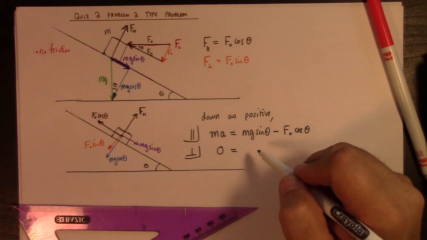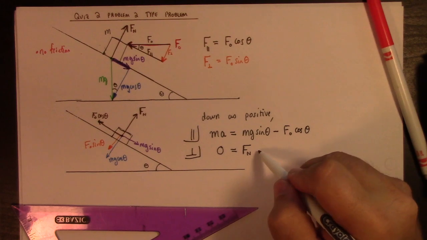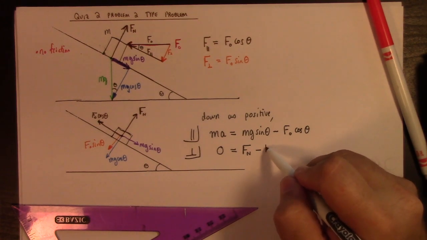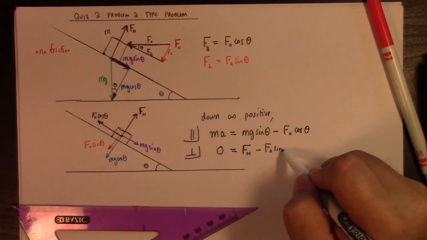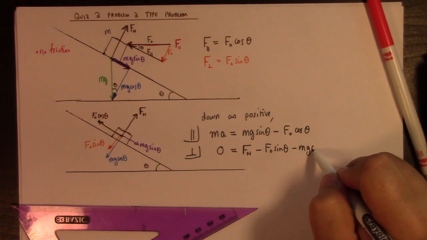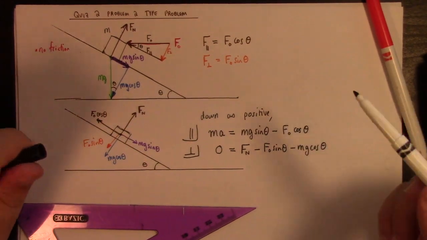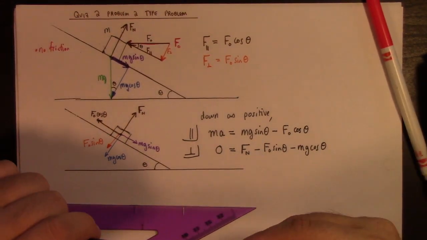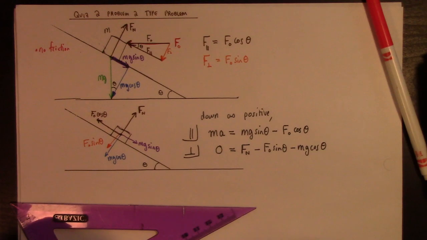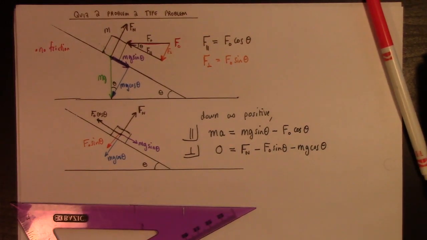So we'll take up as positive, so we've got the normal force, like so, and then minus F naught sine theta minus mg cosine theta. All right, so that would be it, and then we can go and try to answer whatever question I asked. I don't unfortunately remember what question I asked, but that's the setup, and you can use whatever's given to solve for whatever you want there.